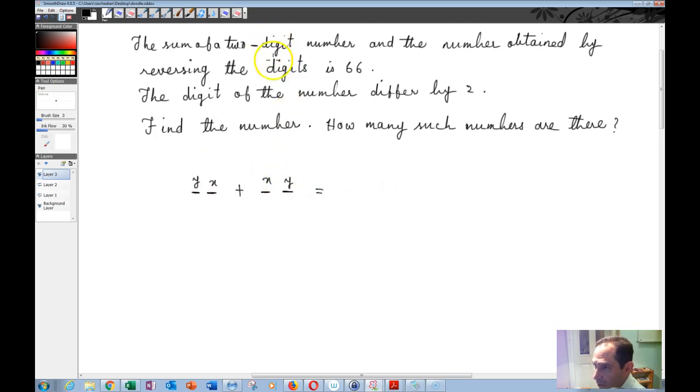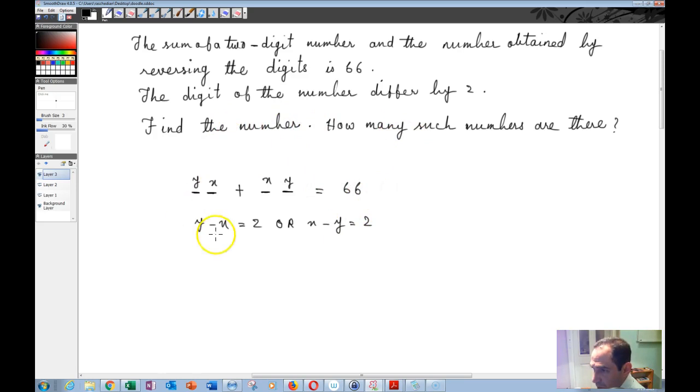If I add these two together, I should get 66. And then the digits of the number differ by 2, meaning that y minus x is equal to 2, or x minus y is equal to 2. Both are possible.